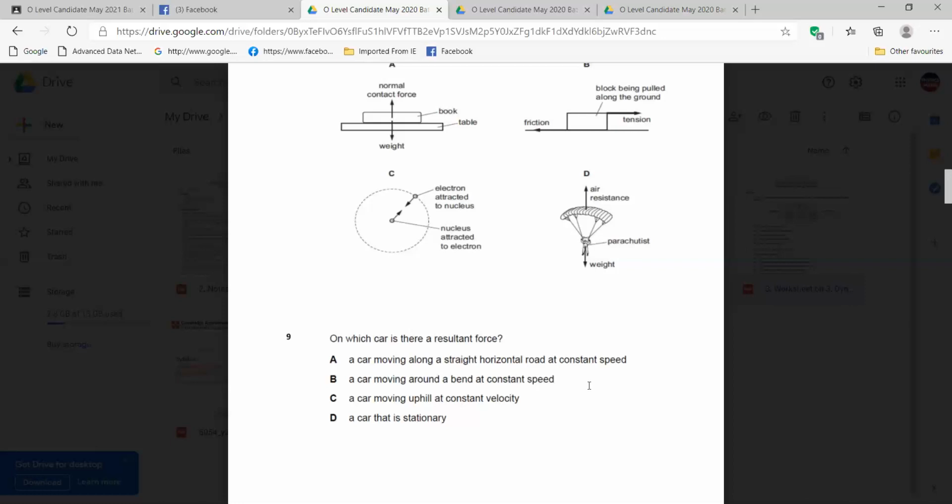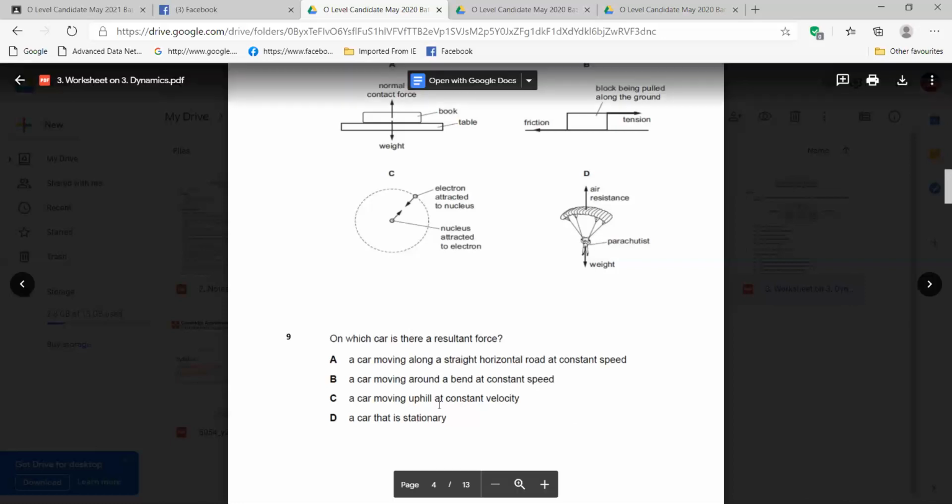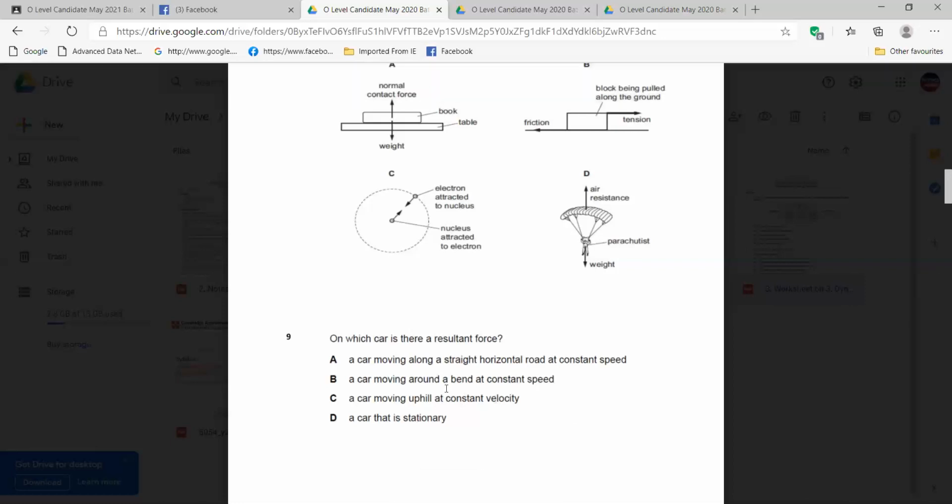Clear to you? Yes. Here we have constant velocity, and if it is linear motion, like going along a straight horizontal road, that is also giving us what? Balanced force. If it is constant velocity, the balanced force or resultant force is zero.